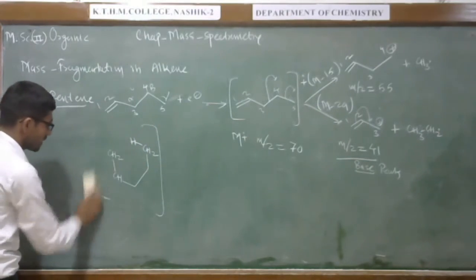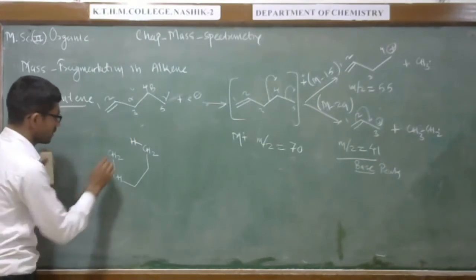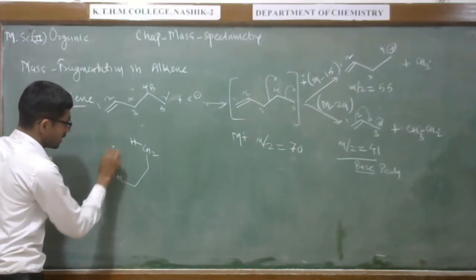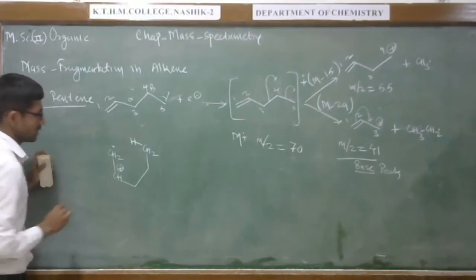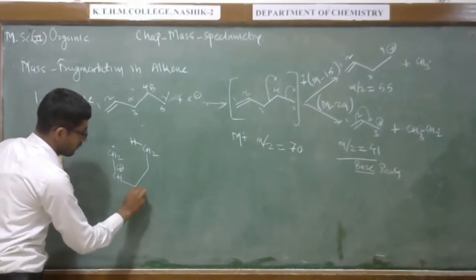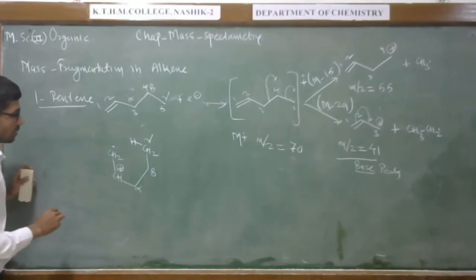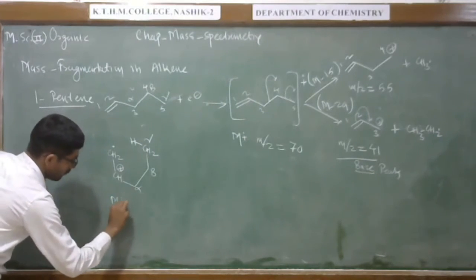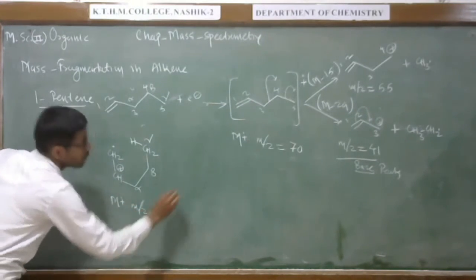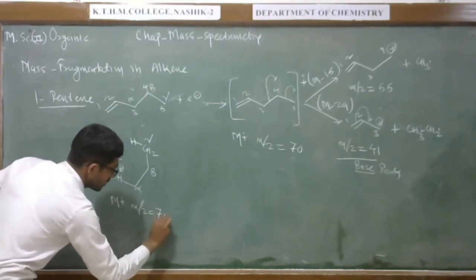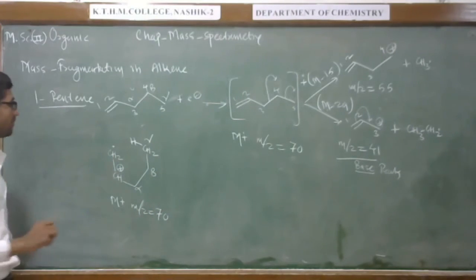I represent this molecular ion peak in this way. This is a radical, this is a positive charge. This is alpha, beta and gamma hydrogen. So this is the molecular ion peak. We can represent it also like this. These two are equal, at the same mass to charge ratio, that is 70.